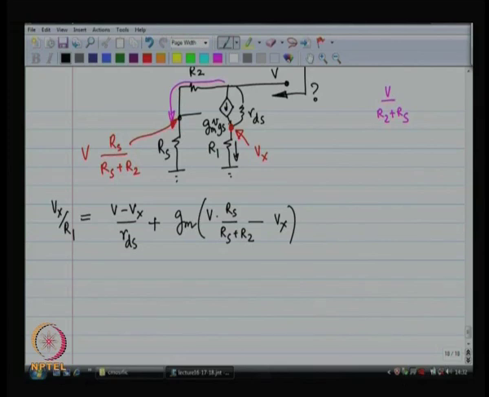And then once again I collect all the Vx terms together. So, when you collect all the Vx terms together, this is what you are left with.